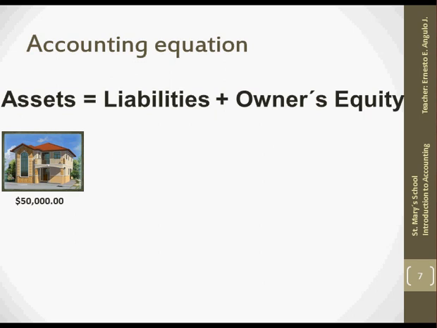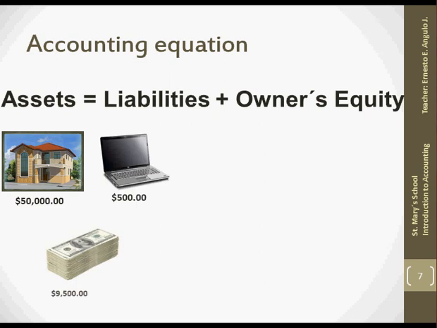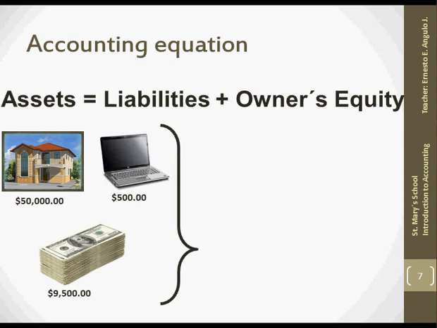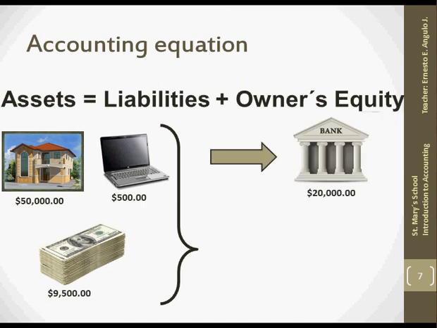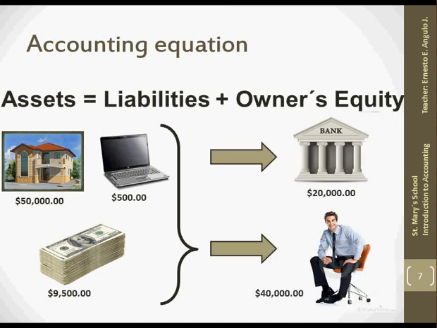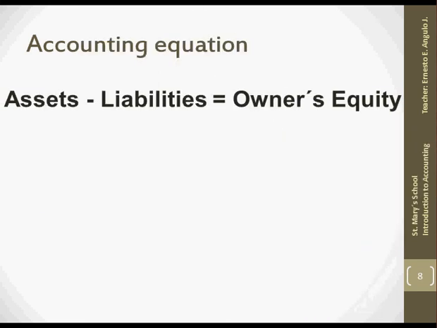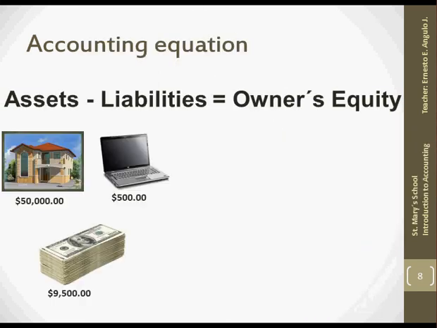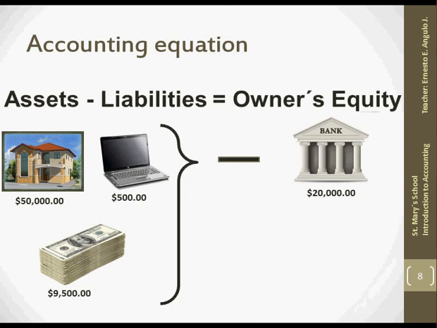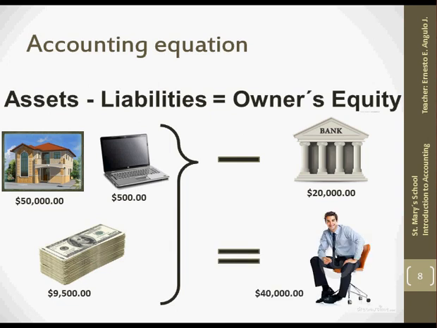That means that all that you have equals your total debt plus what is really yours. In other words, everything that you have minus everything that you owe to others represents what is really yours or what the company really possesses.